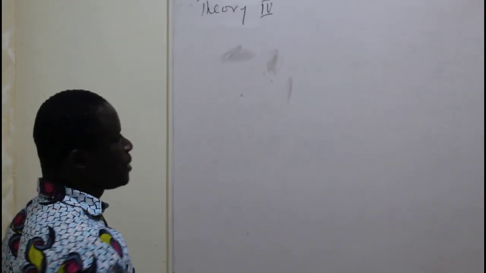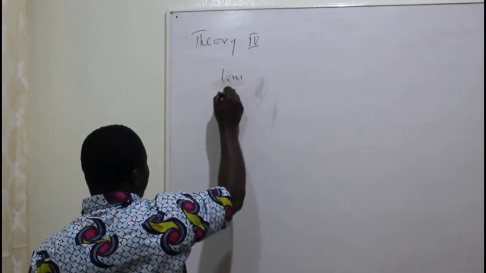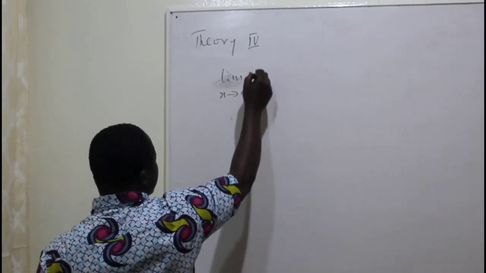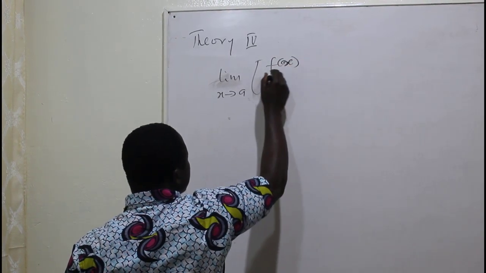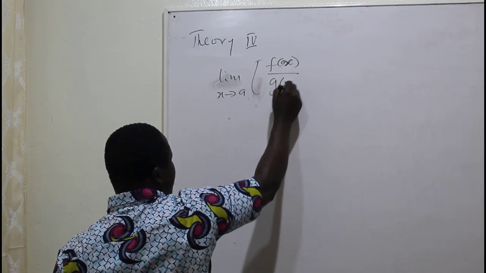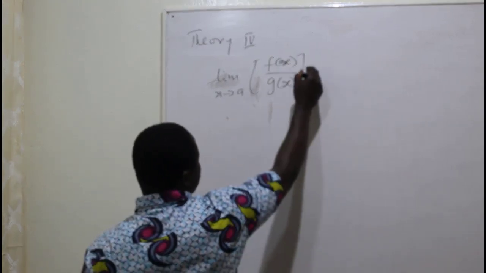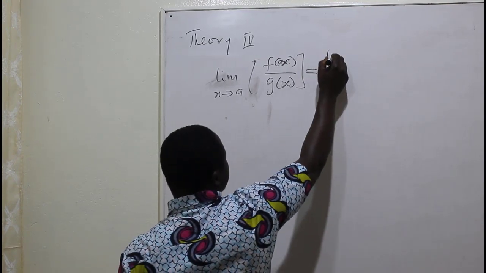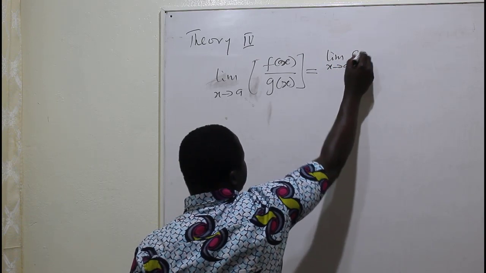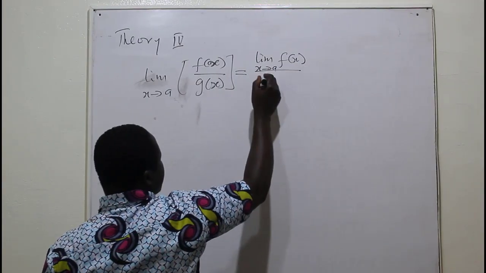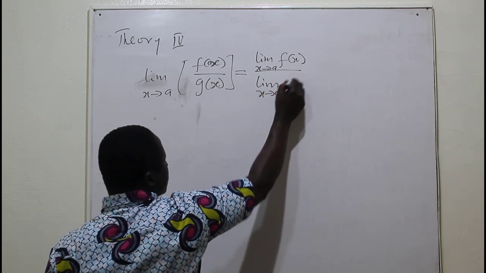Per this theorem, if you have the limit as x approaches a of f of x divided by g of x, the answer is the same as the limit as x approaches a of f of x divided by the limit as x approaches a of g of x.